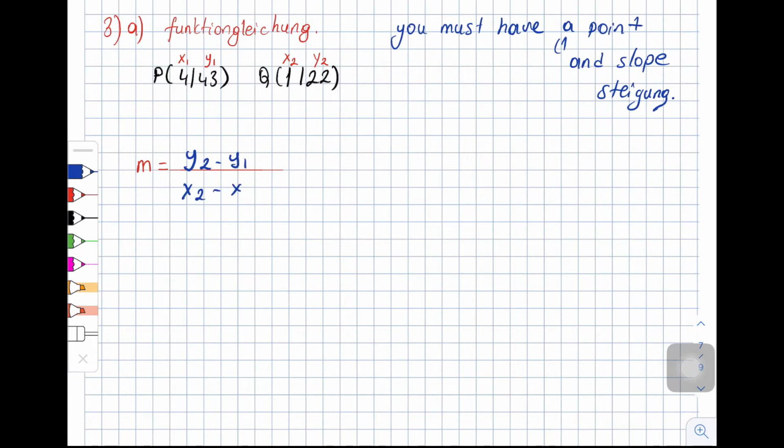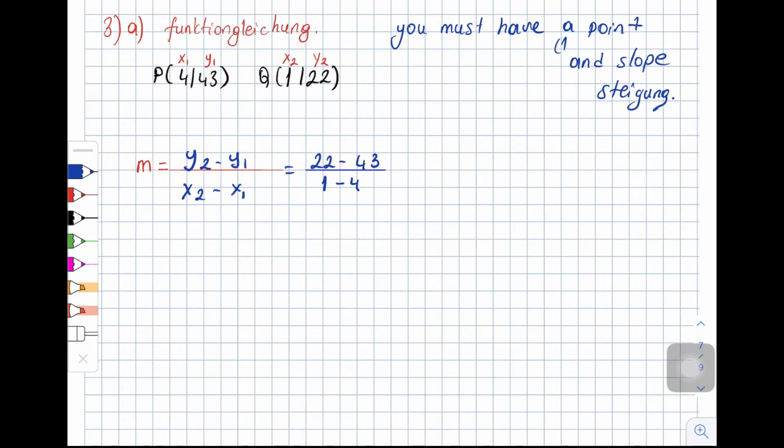Okay, now it's going to be much better. y2 is 22, and then y1 is 43, divided by x2 is 1, x1 is minus 4. Is this understood so far?